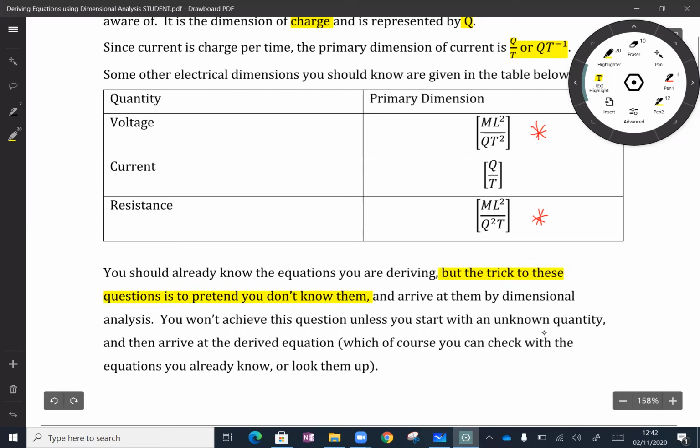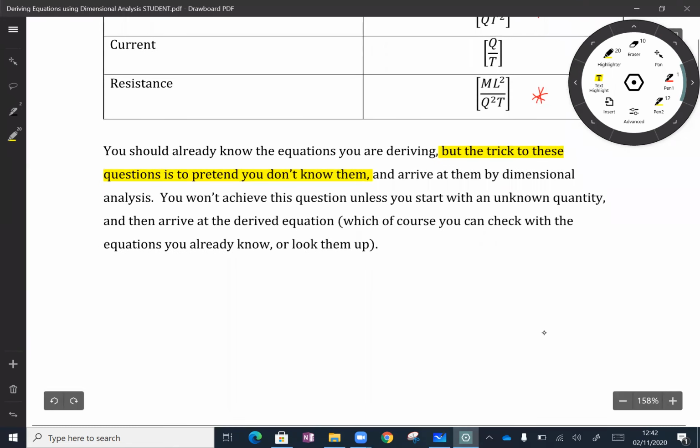Don't start your question off with saying power equals whatever. It's okay if you know that in the back of your head, but you should start off with an unknown quantity and then arrive at the derived equation. And of course you can check that the equation is true.